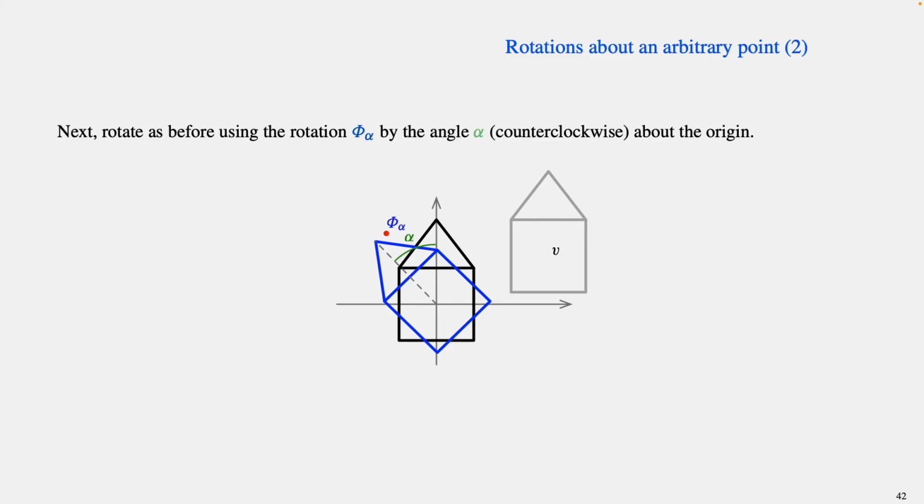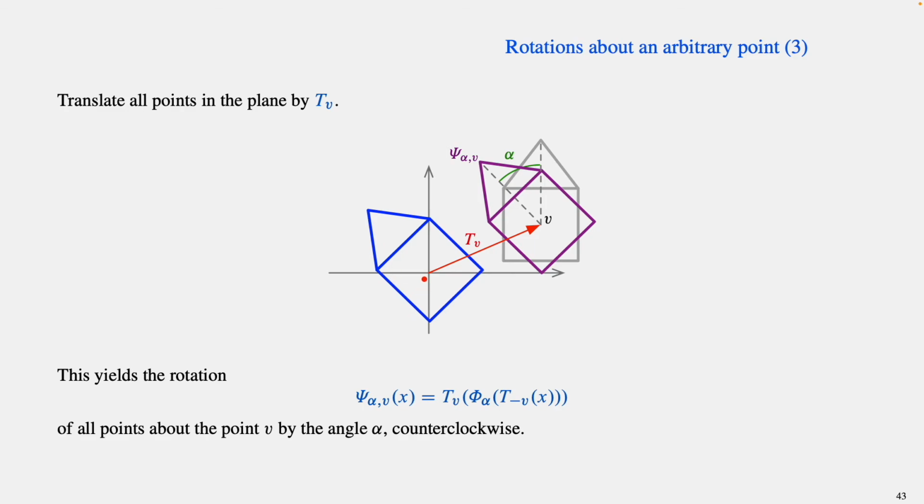And then what I do in the next step, I simply move it back to its original position. So I apply the translation t index v. So I take the rotated image and translate it by the vector v, and then I get the rotation with center of rotation at the point v. And this is what I wanted to have.